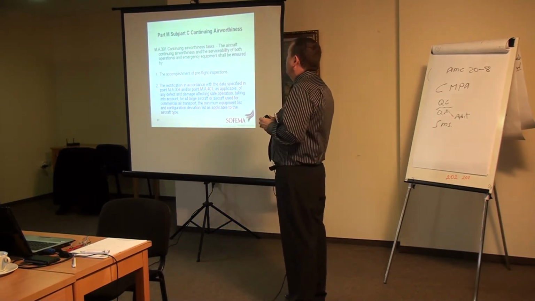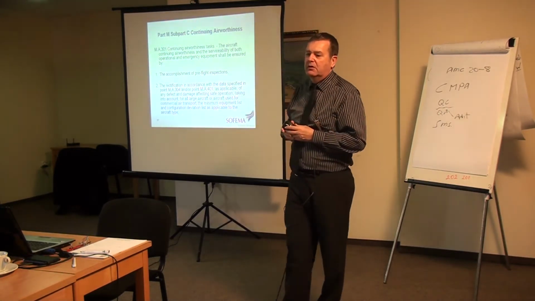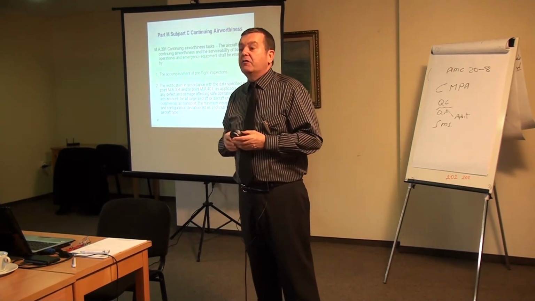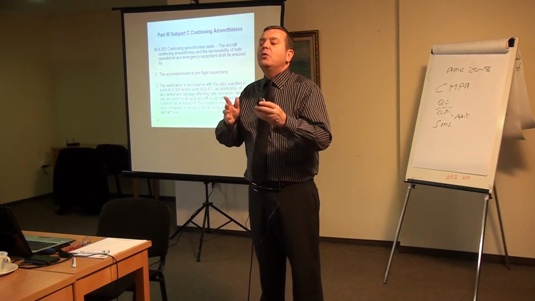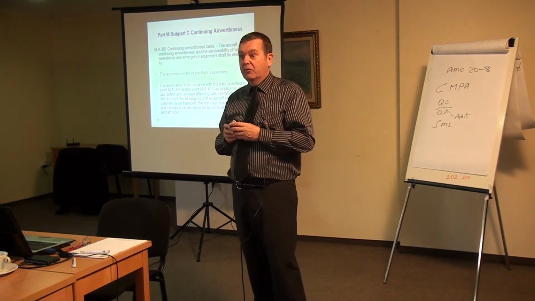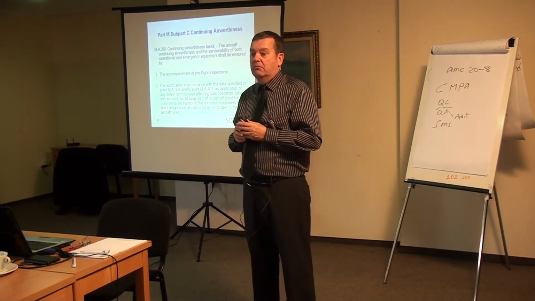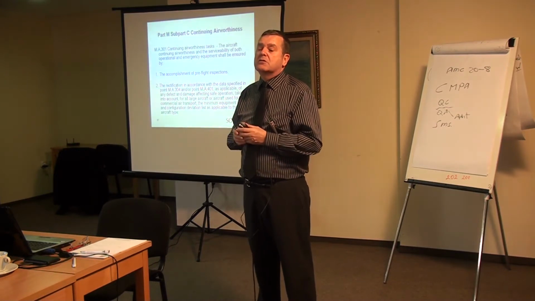First of all, it talks about continuing airworthiness tasks. So, when we talk about maintenance on the aircraft, some tasks have been identified as continuing airworthiness related. For example, the management of the airworthiness directives, the MODs, the life-limited components.